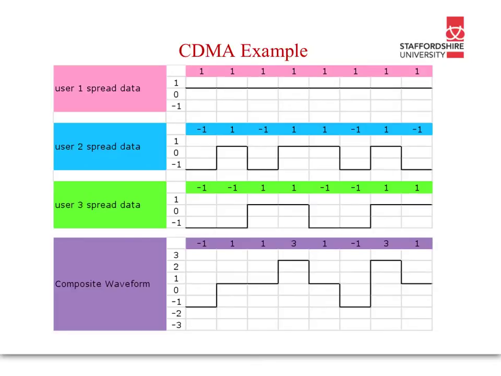Then we have 1 plus 1 plus 1, which gives us 3. 1 plus 1 is 2, minus 1 is 1. 1 minus 1 is 0, minus 1 is -1. And 1 plus 1 is 2, plus 1 is 3. 1 minus 1 is 0, plus 1 is 1. So the composite waveform is shown here, and I've written it as -1, 1, 1, 3, 1, -1, 3, and 1.